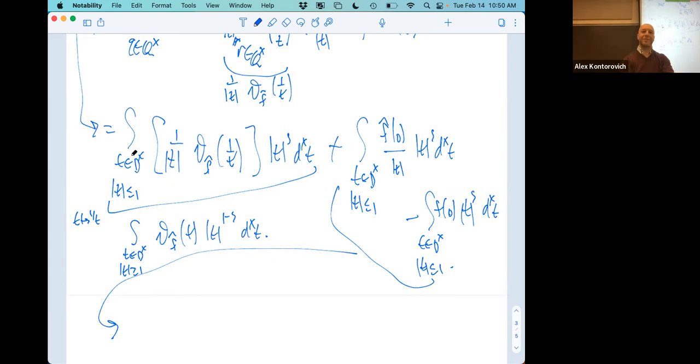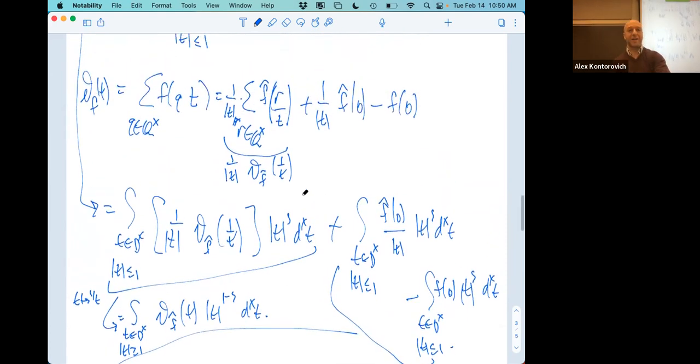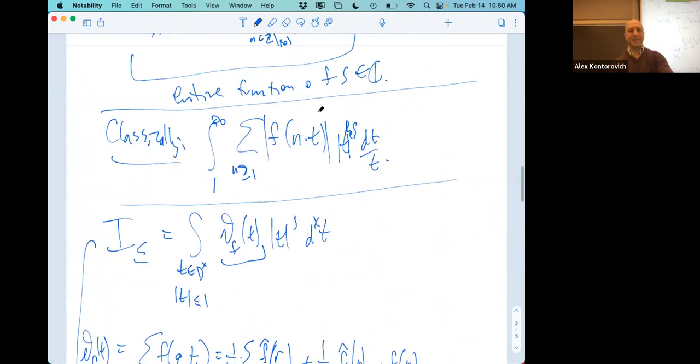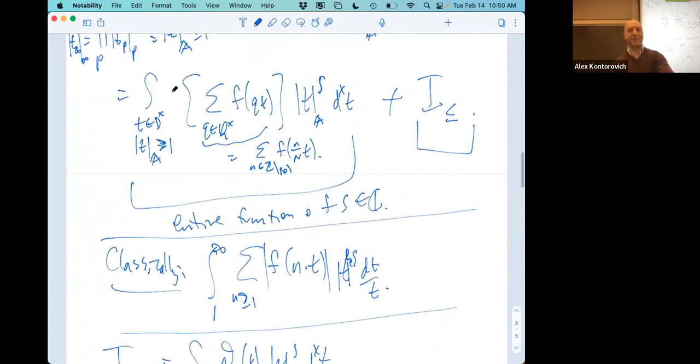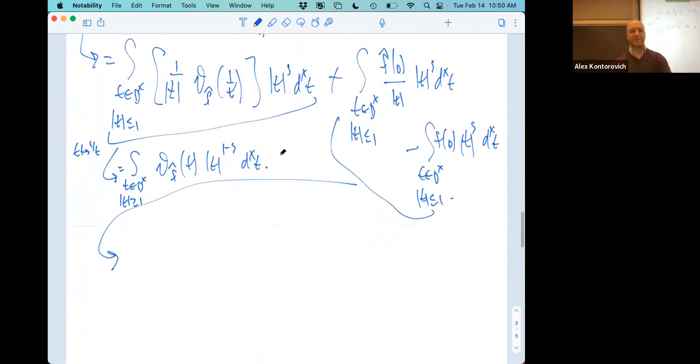Or we change by a minus sign, but this also changes by a minus sign. And so this bit is equal to that bit. And that bit looks an awful lot like the positive integral that we had. So that's again an entire function of s. And this is entire for s in the complex plane. Okay, we just have to compute these integrals.